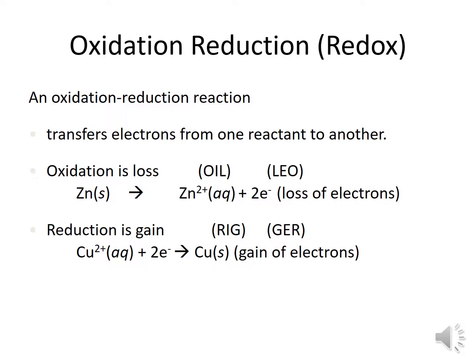Here we have copper plus 2 being reduced. It's gaining 2 electrons, the same 2 electrons lost by the zinc metal, and so you end up with copper solid. So tracking the gain and loss of electrons in reactions can help us understand oxidation and reduction.